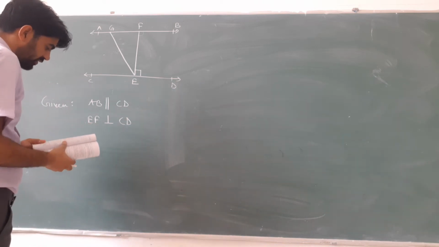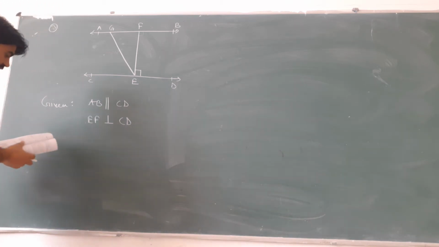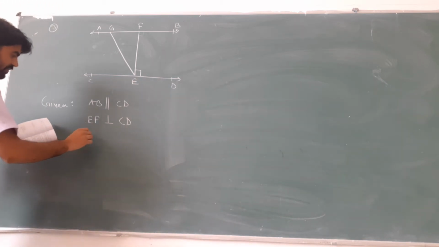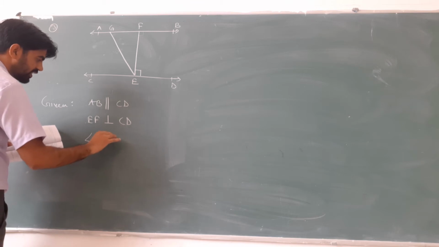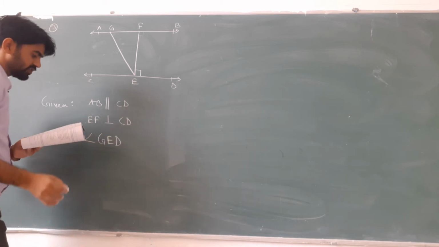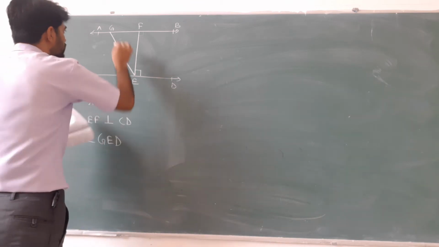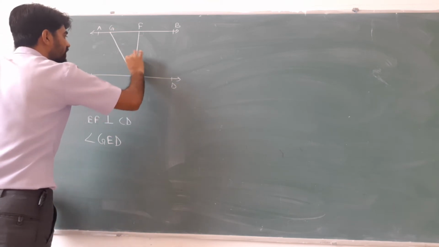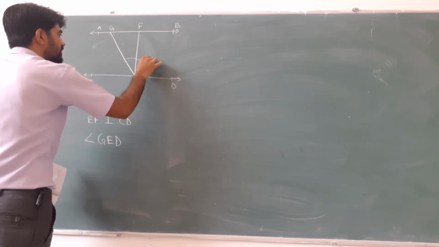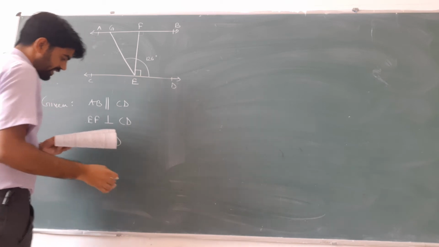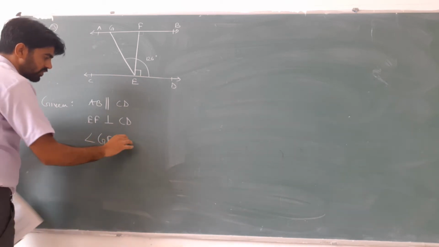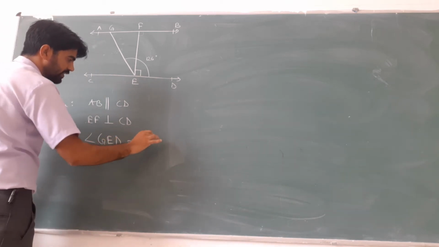Okay, so further we are going. What we have to find? One more angle is given. Angle GED. This complete angle GED is given as 126 degrees.